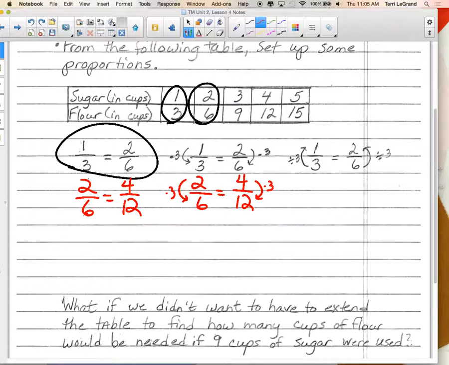So remember in our table, the same thing should work all the way across the table. Or if I want to work from the bottom floor up, what do I have to do to 6 to get 2? Divide by 3. What do I have to do to get from 12 to 4? Divide by 3.